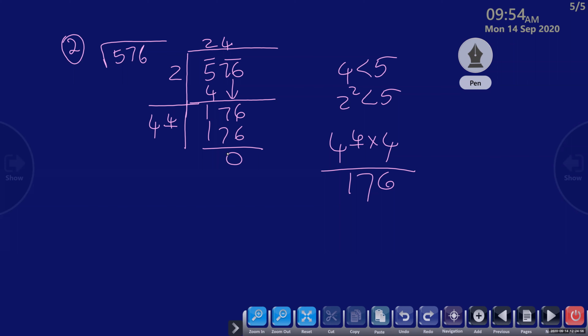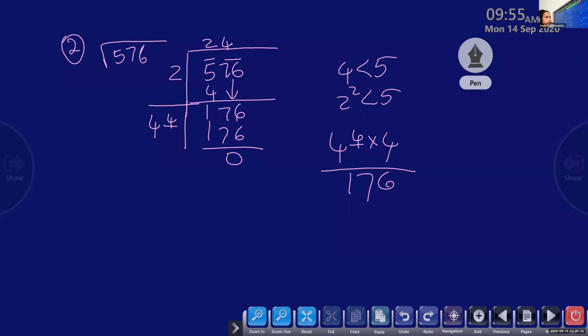Ma'am, how can we find out this 4? Which 4? This 4 or the dash? The dash. We have only the trial and error method. No other method. We need to put some number, because the answer we need is 6 in the unit place.